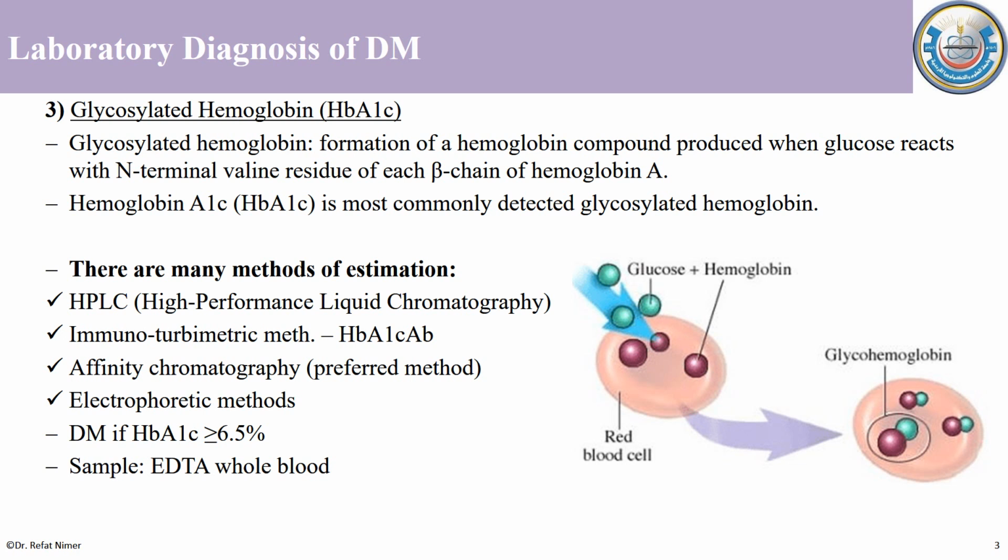Do not use serum, do not use plasma. And the question here: why whole blood? Because here we are looking for hemoglobin attached to the glucose inside the RBCs, so you need the intact RBCs. That's why we use whole blood, and there is no requirement for fasting before the blood sample or the analysis.